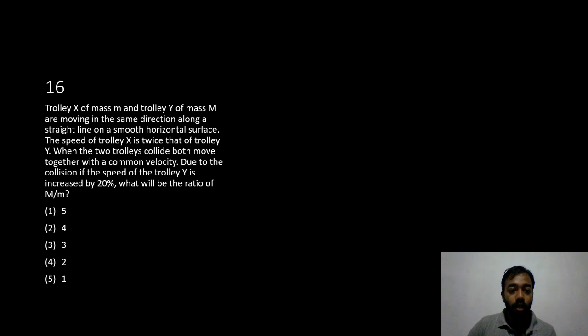The speed of trolley X is twice that of trolley Y. So the mass of X is simple m, the mass of Y is capital M. If the speed of trolley Y is v, the speed of X is 2v. When the two trolleys collide, both move together with a common velocity.